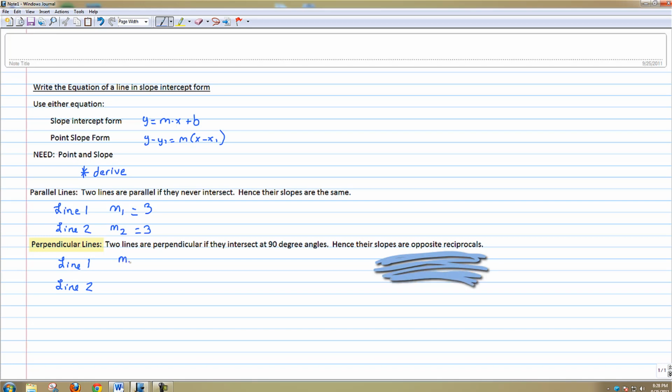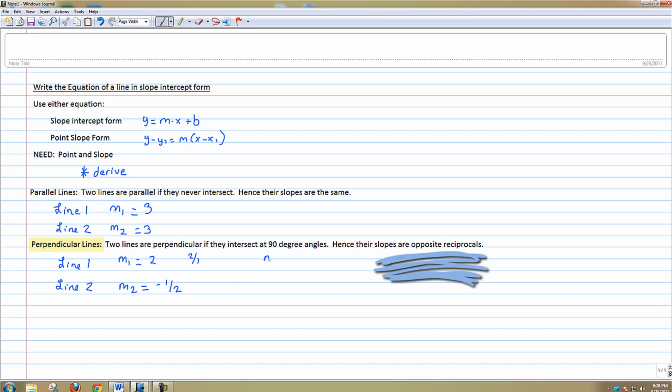For example, say line 1 has slope 2, and line 2 is perpendicular to line 1. Its slope would be opposite in sign, so negative, and the reciprocal of 2. 2 is the same as 2 over 1, so the reciprocal is 1/2. So my slope would be negative 1/2.